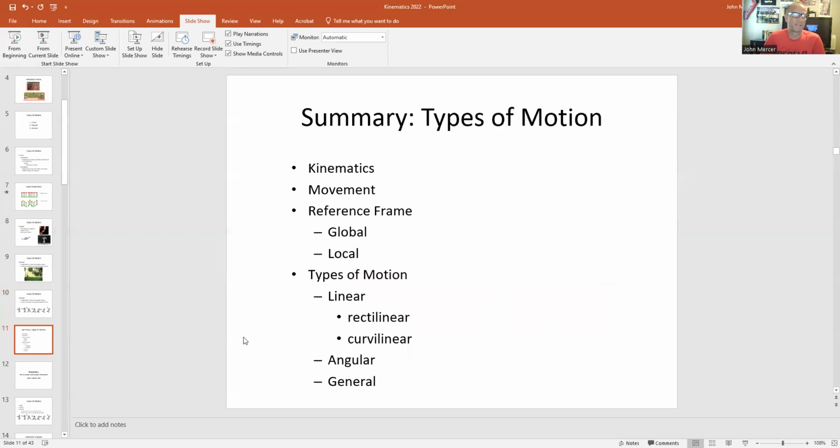All right, so quick summary: kinematics, the study of movement, regardless of the forces causing that movement. Movement is a change in space in some time period. We have two types of reference frames that we're going to be talking about: a global or fixed reference frame and a local or a movable reference frame. And we're going to use the Cartesian coordinate system, which is simply X, Y, and Z axes.